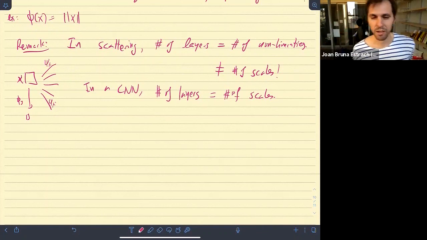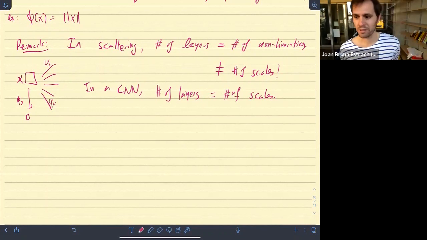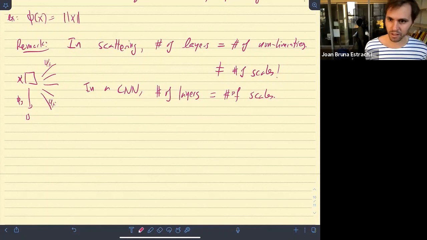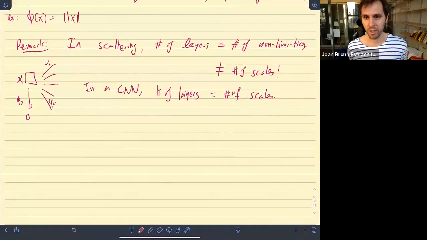It's a slight difference in the way we organize these computations. There's a way to factorize any of these wavelets, even if a wavelet is very coarse, as a cascade of convolutions of the same filter that you apply several times. And then you can really get the same structure as the CNN, but the way it's presented is slightly different.